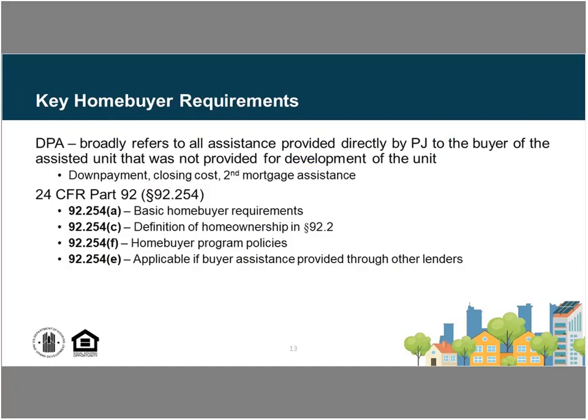Okay, let's go into the homebuyer requirements. I'm going to start with just a review of the rules. Again, the term DPA I'm going to use broadly to collect all forms of financial assistance that you may choose as a PJ to provide to home buyers.